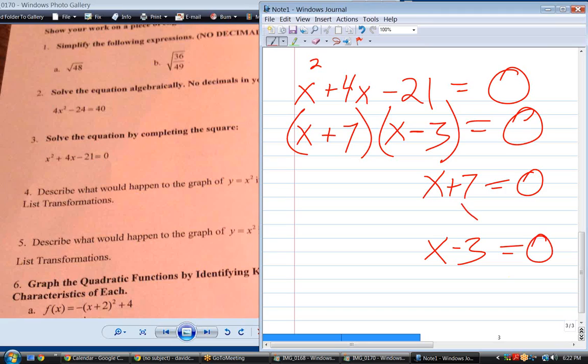Well, when I solve that, I end up with x equals minus 7 and x equal plus 3. So be careful of that mistake. It's always the opposite sign of what you see here in terms of the solution. Okay, you with me? Yep.